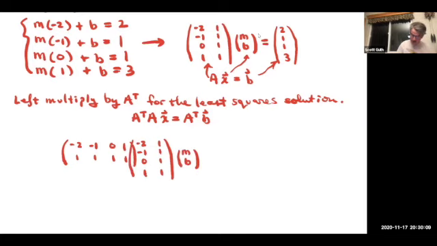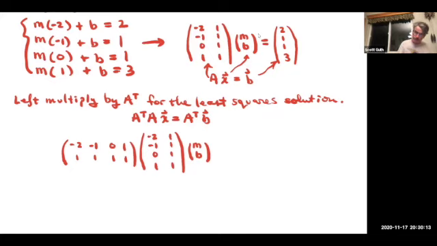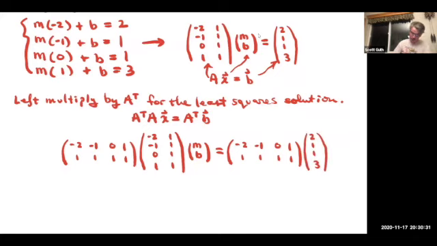Paste it down here, like that. And then equals, I need A transpose again, so I'm going to copy my A transpose over, times the B vector, which I'm just copying. Okay, so that looks horrible, but it boils down to something super nice.